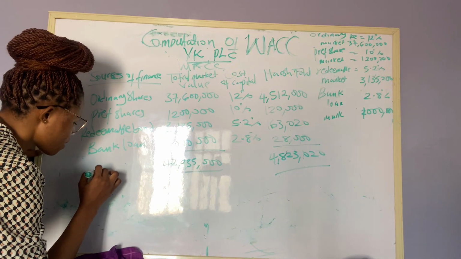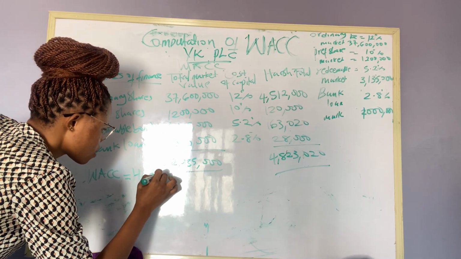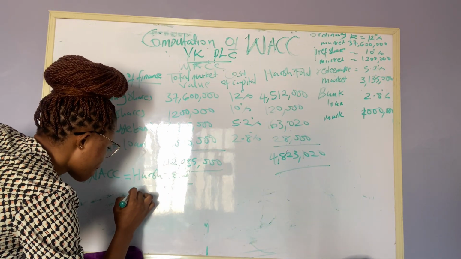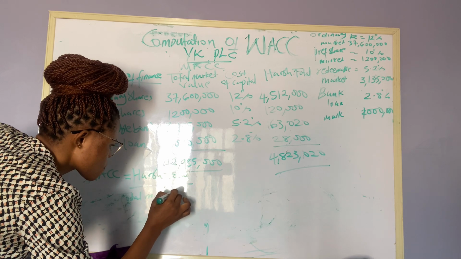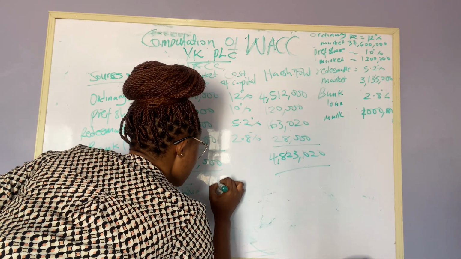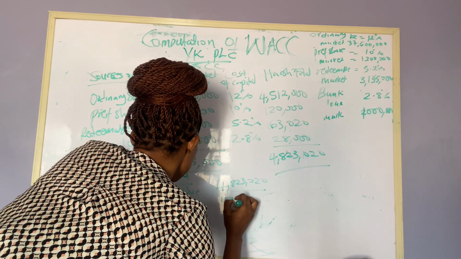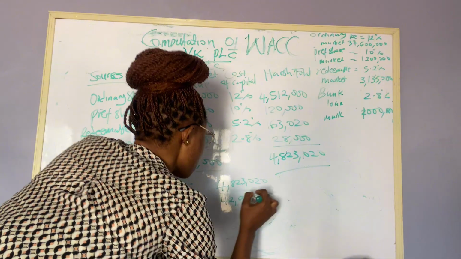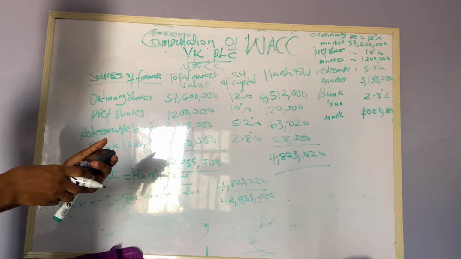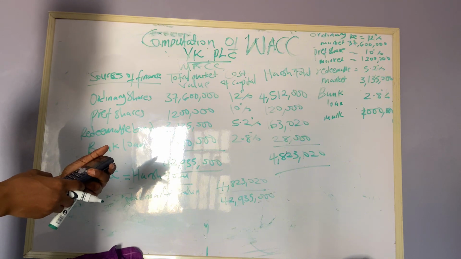Now our WACC, that's the weighted average cost of capital, is equal to the hash total all over the total market value, which is 4,823,020 divided by 42,935,000.